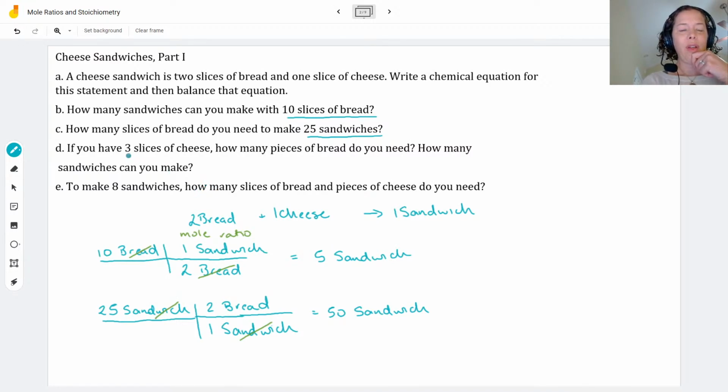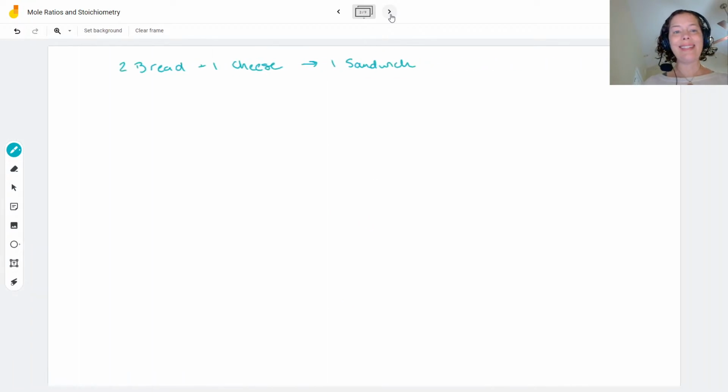I have 3 slices of cheese, and I want to compare that to bread. And then I want to compare that to the sandwiches. So let's go from cheese to bread first. Again, you've already done this in your head, but I want to show how the math that you're doing in your head is correct and it actually has a form that we can write down and then compare again when we do stoichiometry.